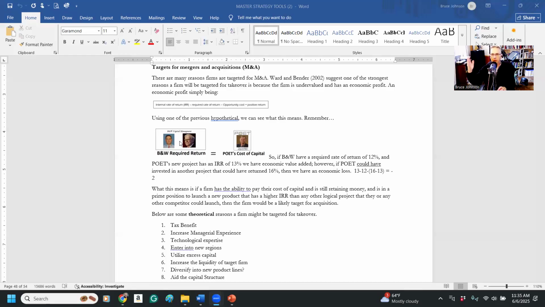Because we're going to earn 16, and we have to have a required rate of return of a minimum of 12, the economic value added in this case would be that 4%. This is where students often get very frustrated, because we have these different terms and they're kind of the same thing. It's like the two sides of a coin. Now, once Warren and I invest this money, and Dan Loveland takes our money, let's say $10 million, to go try this venture.